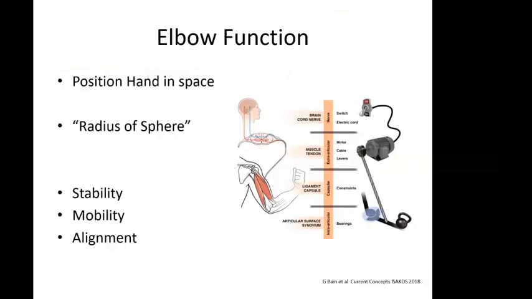What the elbow does is position the hand in space, allow the forearm to act as a lever in lifting and carrying, and provide precision in both open as well as closed chain kinetic work. Any reduction in the elbow range can significantly reduce the ability of the hand to reach its objectives. The elbow controls the radius of the sphere, and that has a big impact on the volume of the sphere.